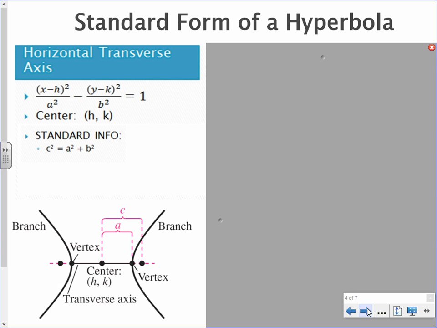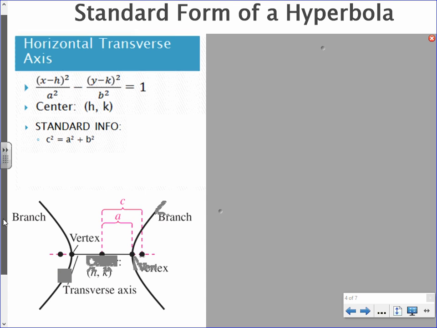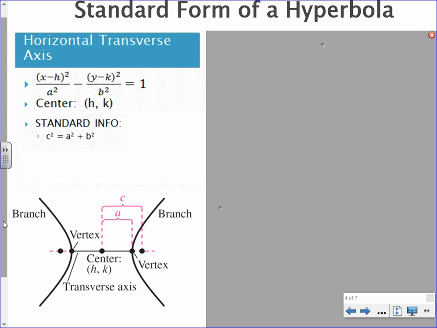Here is the standard form of a horizontal hyperbola. What is the only difference between standard form of a hyperbola and ellipse? The subtraction. Okay, there's subtraction between the x squared and y squared instead of addition.